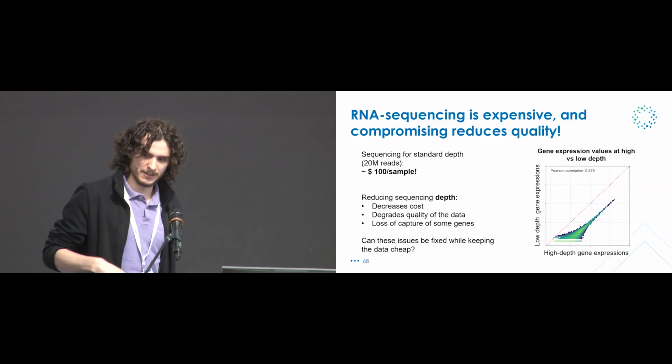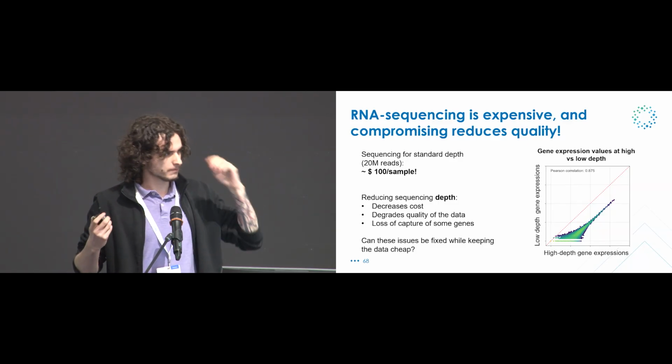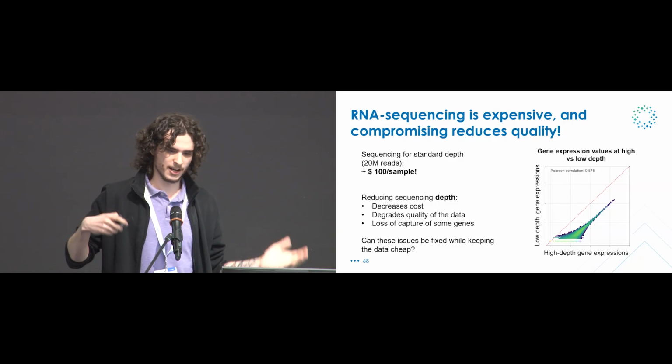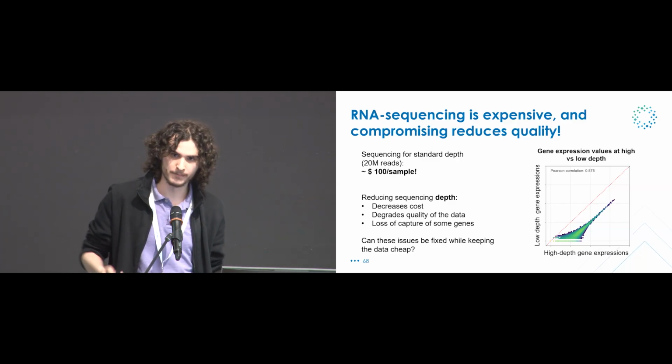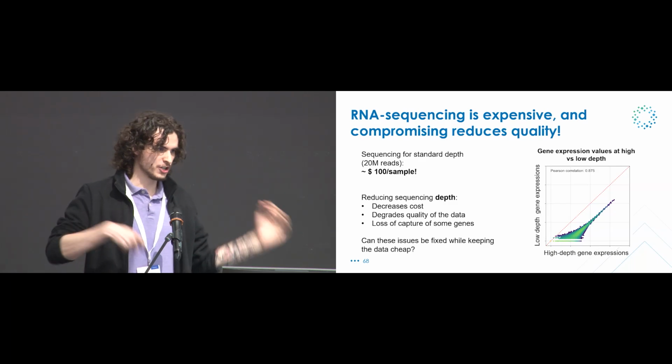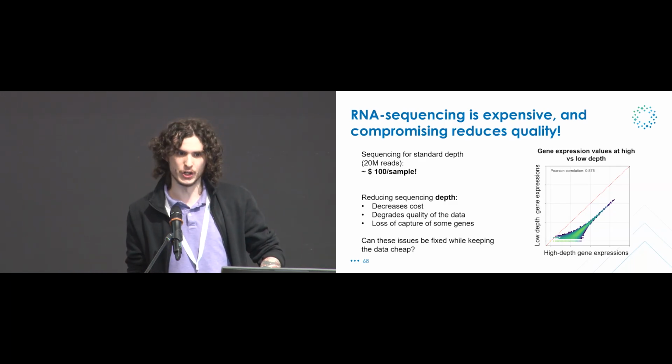Naturally, if we reduce the amount of sequencing, we can also reduce the costs, but this comes at compromising the quality of the data. So how can we keep the data cheap, but still get it good?